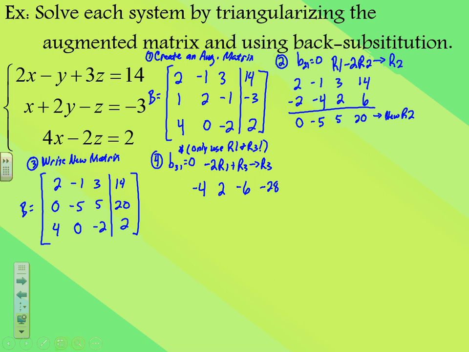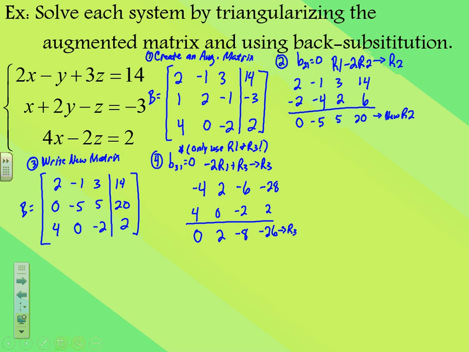Row 3, we're not multiplying by anything, so it's 4, 0, negative 2, and positive 2. We combine those, and here's a 0, which I wanted. Here's a 2, here is a negative 8, and here's a negative 26. So this becomes my new row 3.